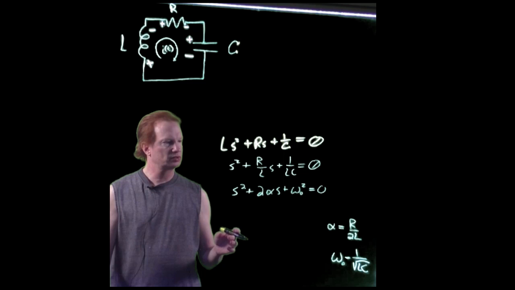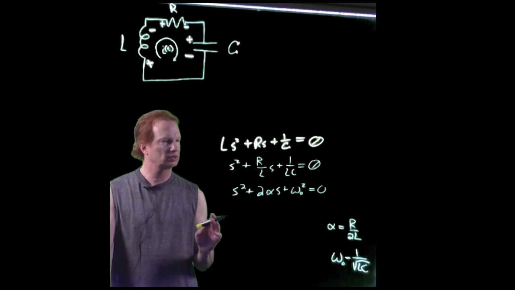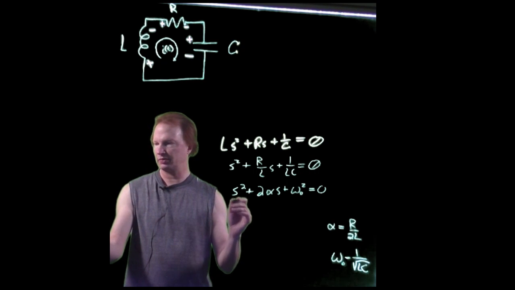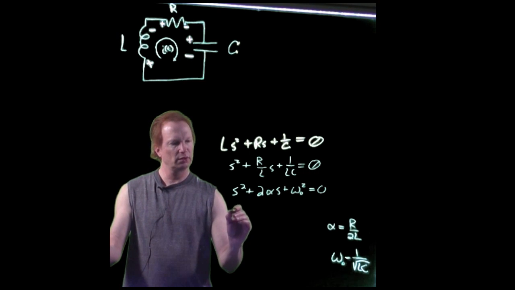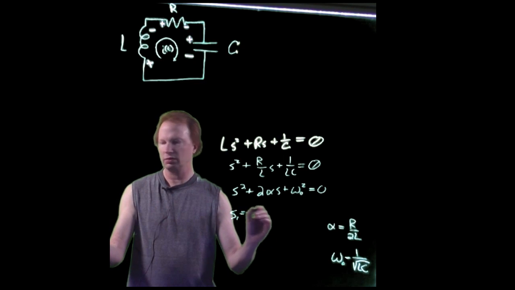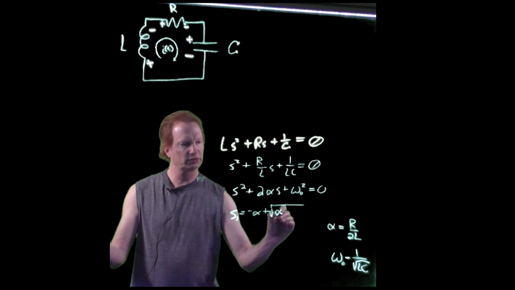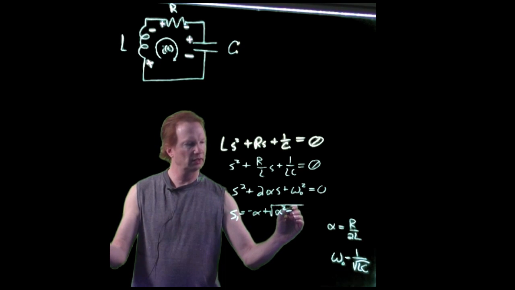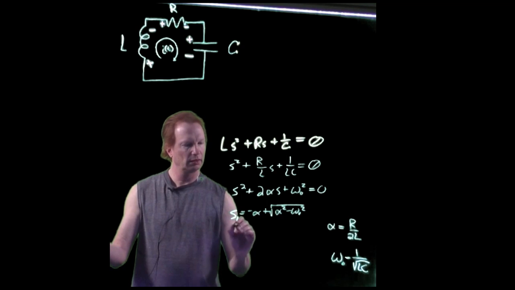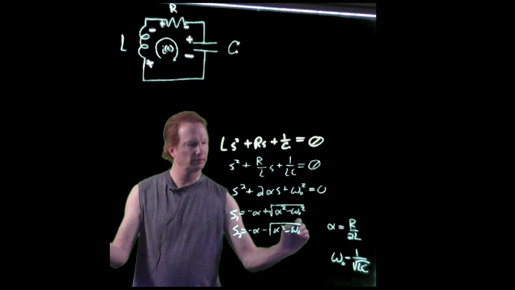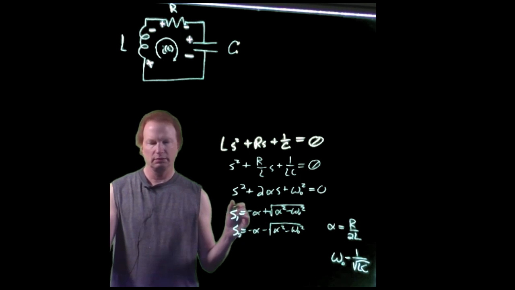So what that says is, when we solved for the roots, which I erased, I can write those up again. s1 will equal minus alpha plus the square root of alpha squared minus omega naught squared, and s2 will equal minus alpha minus the square root of alpha squared minus omega naught squared.